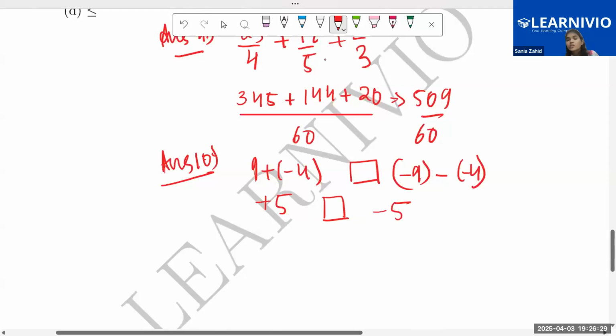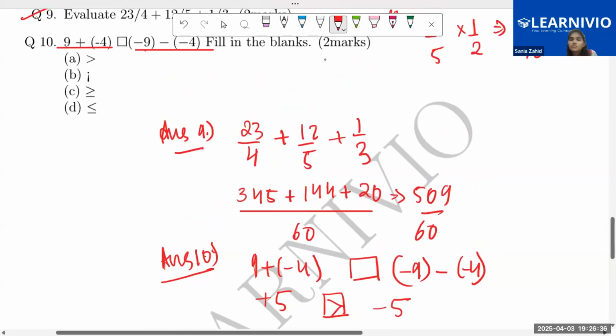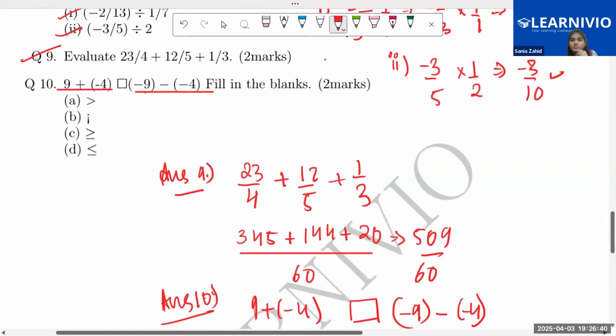So plus 5 is greater. Is it option A or C? Option A is correct. Not C, because C says equal to greater than, which is not in your syllabus. You can just eliminate these options. Option A is correct.